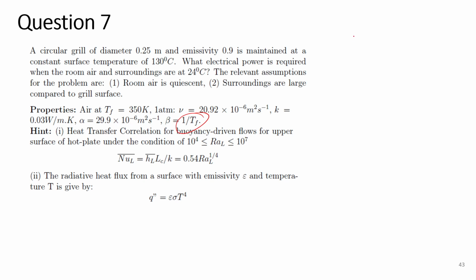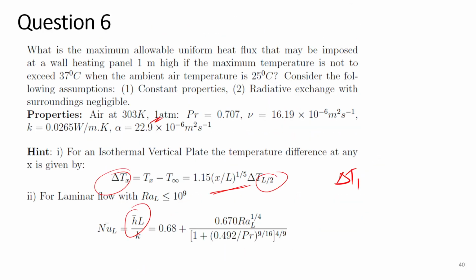Tf is nothing but you can just calculate it as T infinity. So in this question, we weren't given the value of beta, but the value of beta is 1 upon T, where T is, I think we calculated, TL by 2 plus T ambient air by 2.